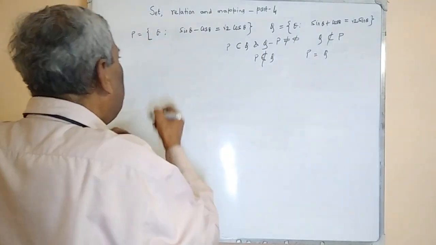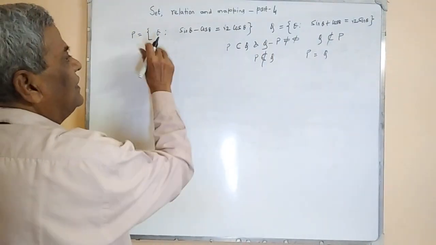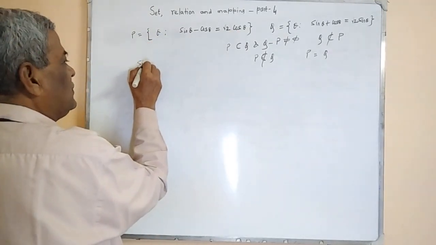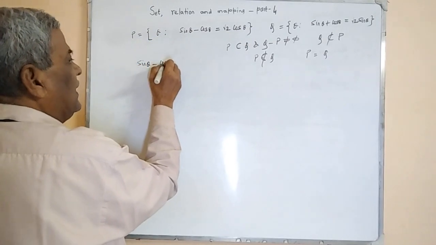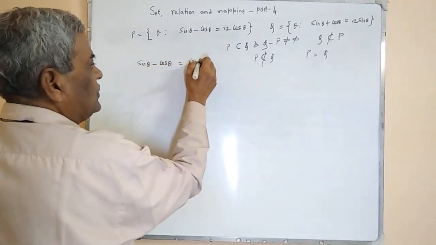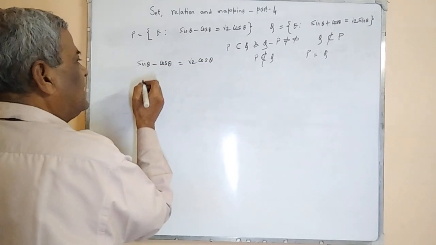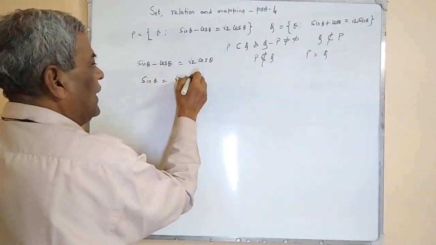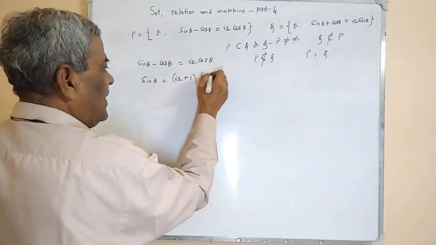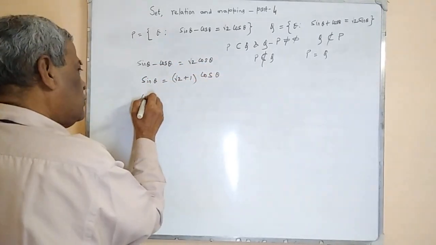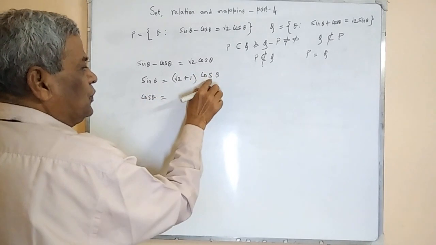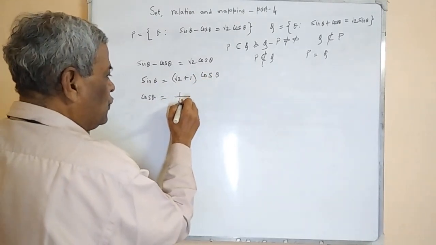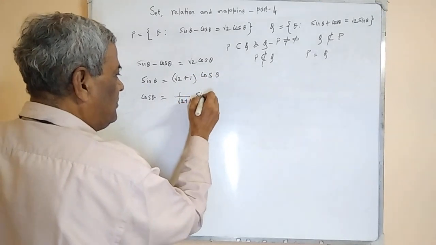Now the set P, its equation is sin theta minus cos theta is equal to root 2 cos theta. That is, sin theta is equal to root 2 plus 1 cos theta. That is, cos theta is equal to 1 by root 2 plus 1 sin theta.